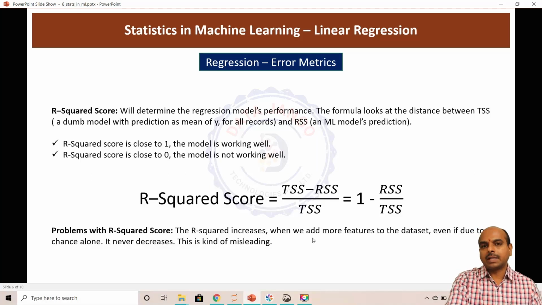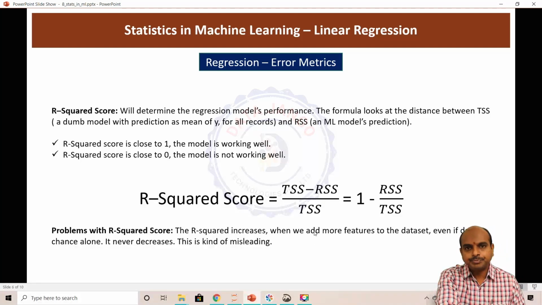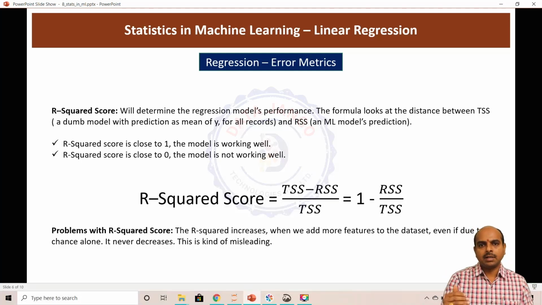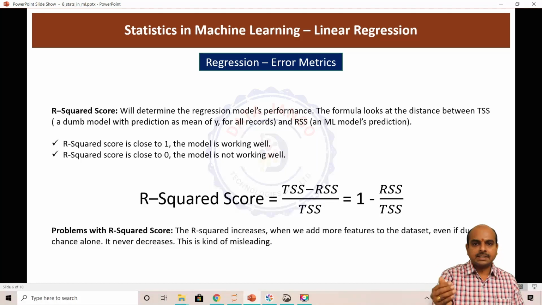The R-square score has one disadvantage. When you add more input features to the data set and build a model, the R-square score increases irrespective of whether the newly added feature is adding predictive power to the model or not.